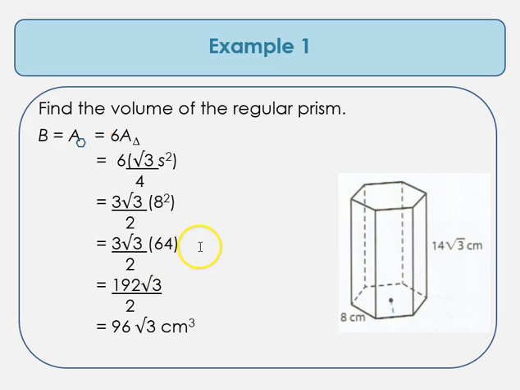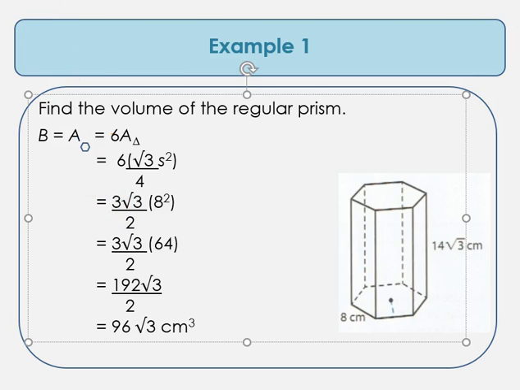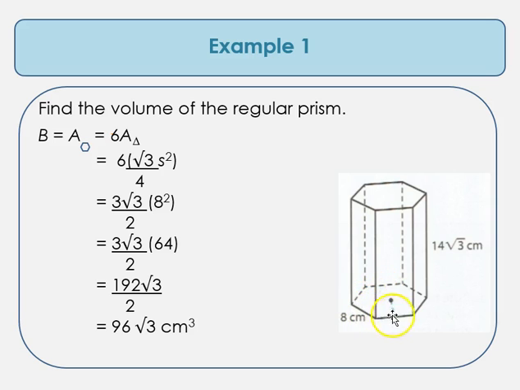So here's our first example. Find the volume of a regular prism. Let's first take a look at our figure. Our figure has a hexagonal base. So to solve for the base, what we do with a hexagon is we split it into 6 equilateral triangles. We solve the area of one of the triangles and multiply it by 6.